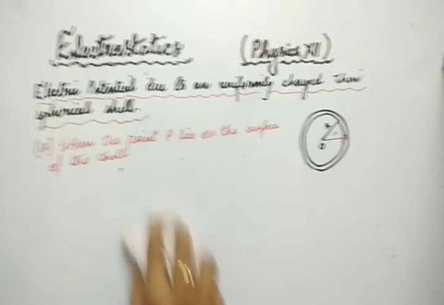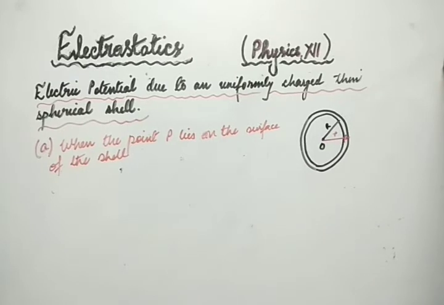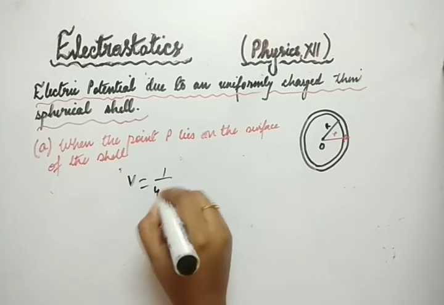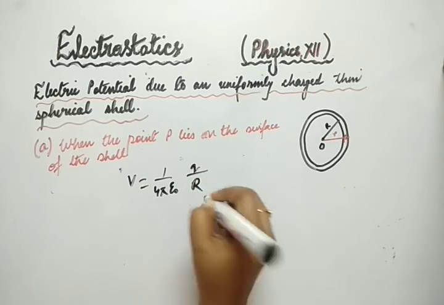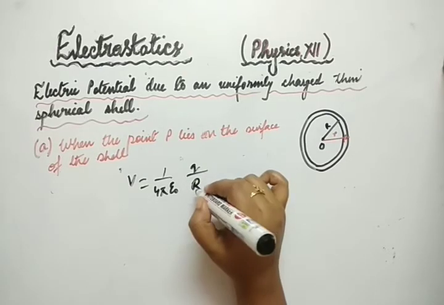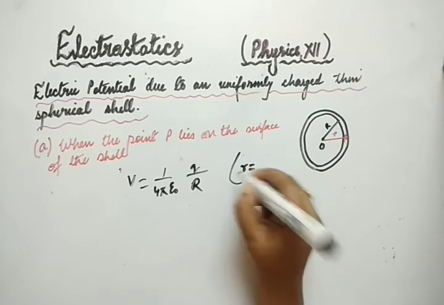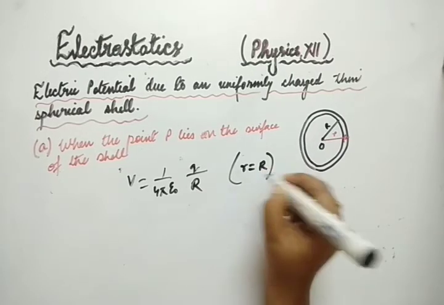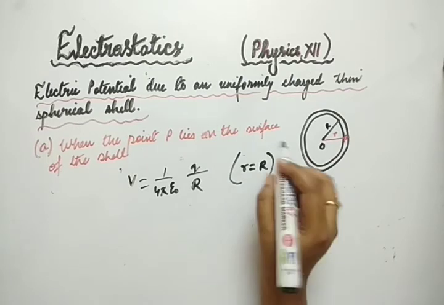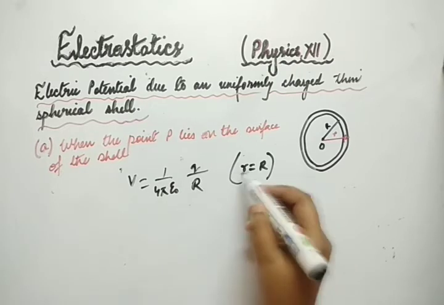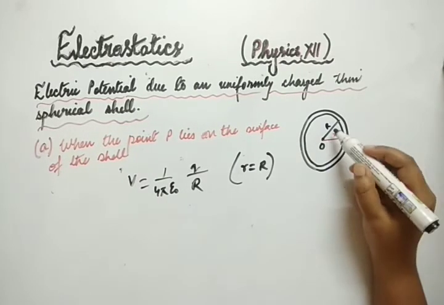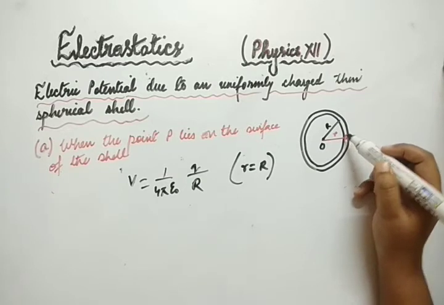In this case also, the potential can be written as 1 by 4 pi epsilon naught Q by R. It is the same as the previous expression, just we have replaced small r with capital R, as r is equal to R since P is on the surface.